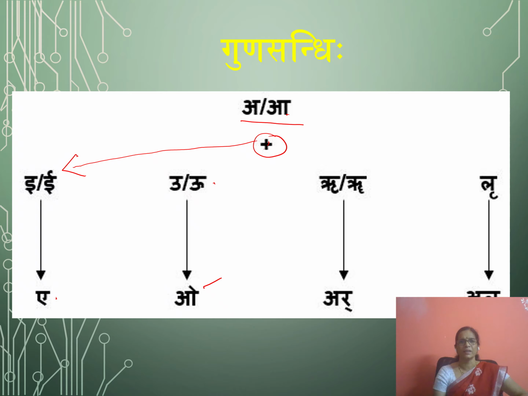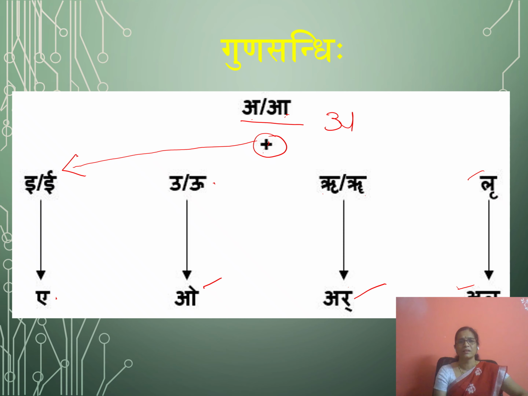Then the first word ends with a plus the second word starts with r, then we will get ar. First word ends with a, and after this if you have l, then you will get al. This is the combination.